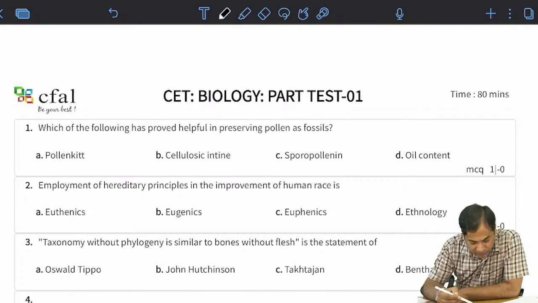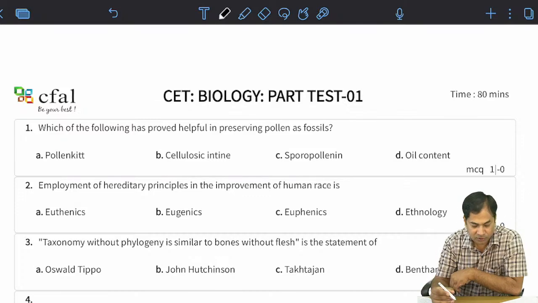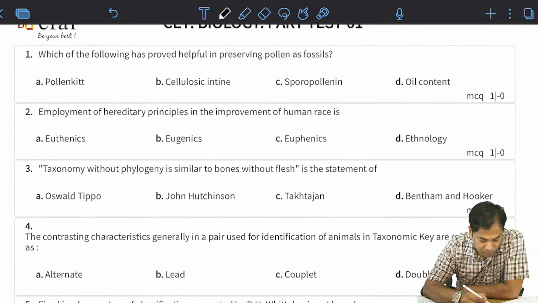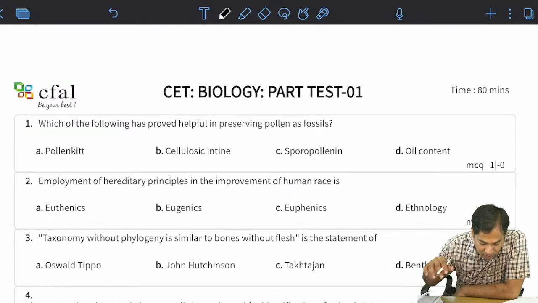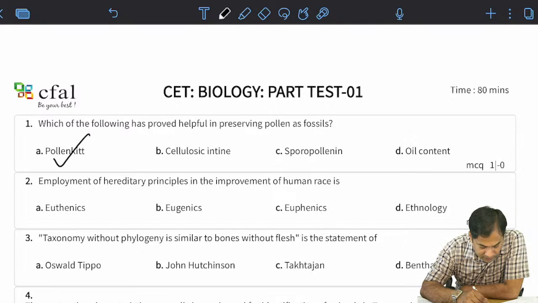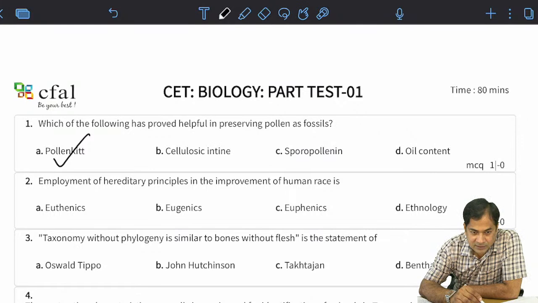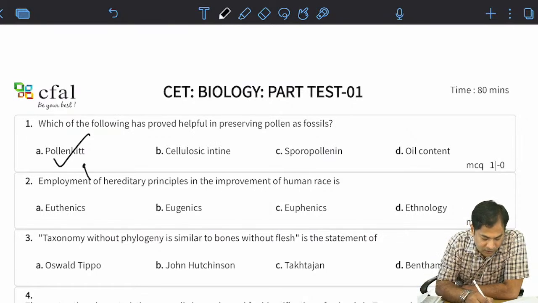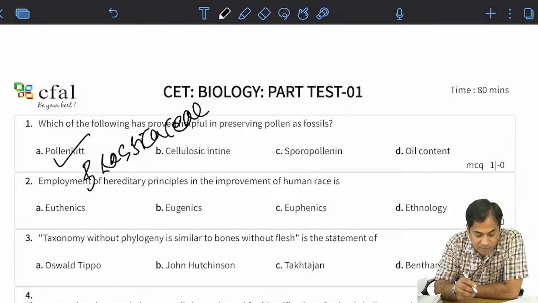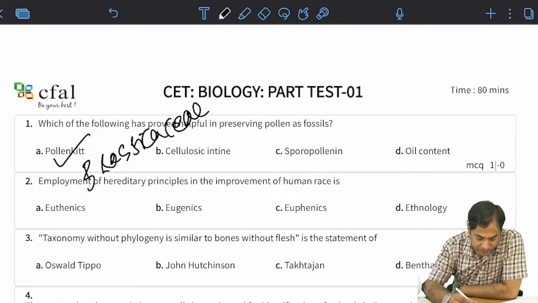Which of the following has proved helpful in preserving pollen as fossils? If you look at the first option, pollen kit, definitely pollen kit will be the wrong answer, because pollen kit is possessed by members of family Brassicaceae, the mustard family, where cabbage and broccoli belong.